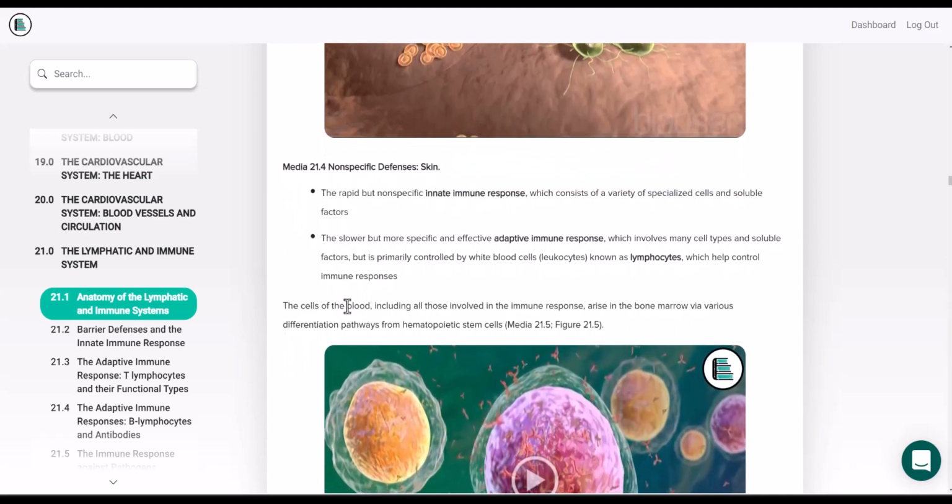Remember that all of the cells in your blood, including all these lymphocytes, are first made in your bone marrow, right? All blood cells, including the lymphocytes, are first made in the bone marrow. And then we'll see that there's a slightly different pathway of how they are released and where they're stored in the body.